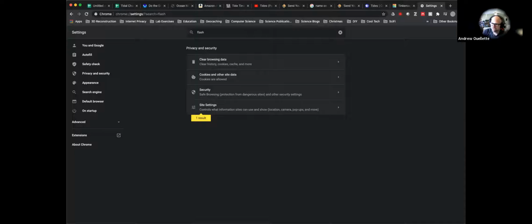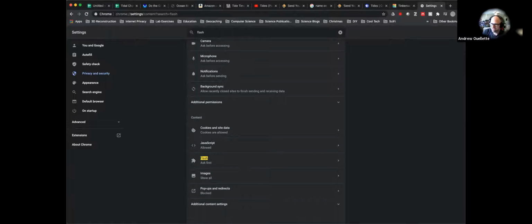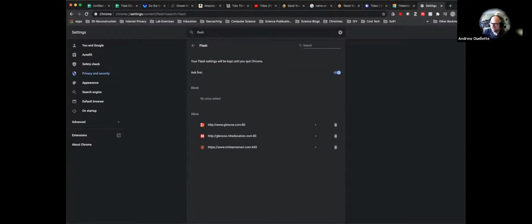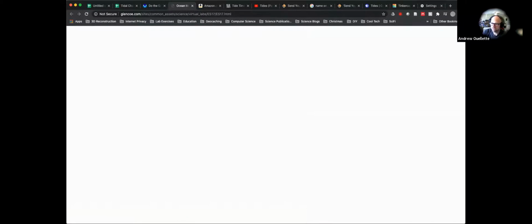And then you'll see here, I've got one result that shows up in my site settings. I can click on it, and it says ask first. The default mode for your browsers should be block sites from running Flash. So if I tried to load that virtual lab, it should block it.